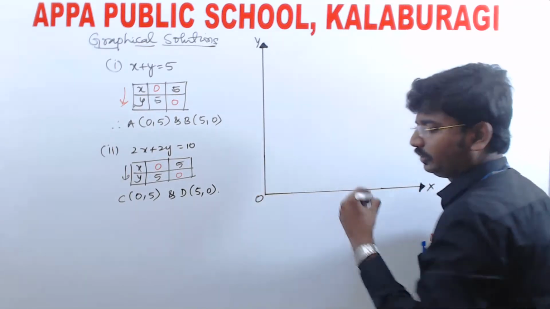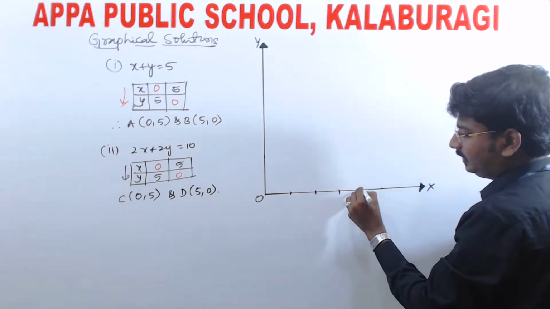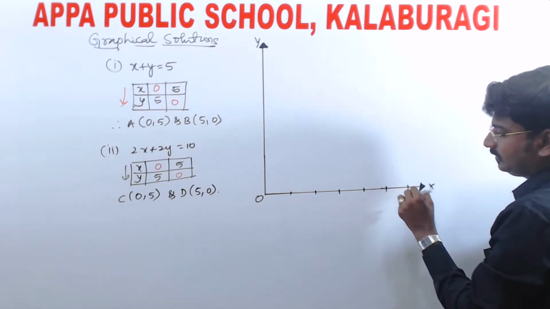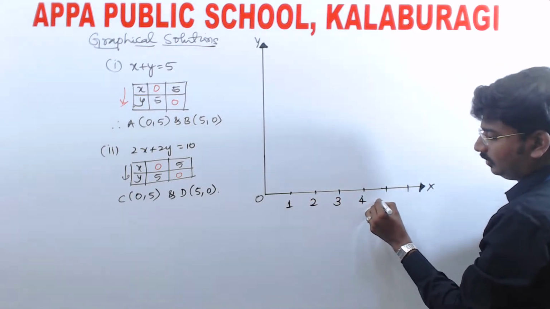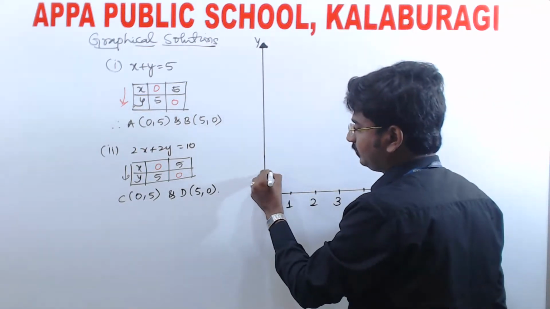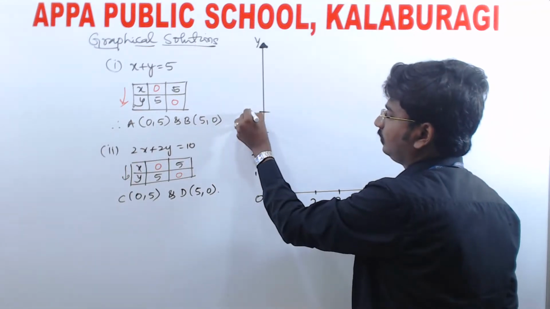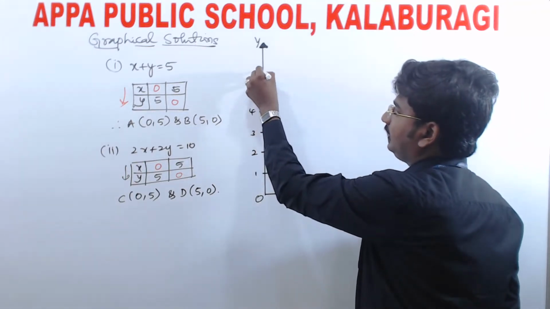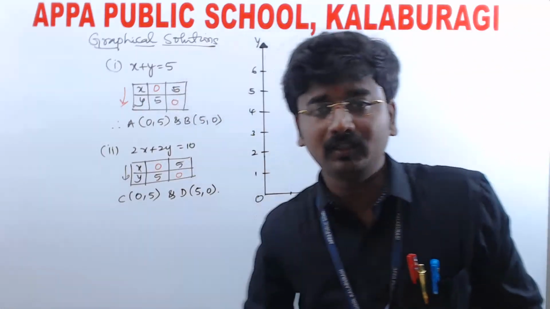This is the origin. 1, 2, 3, 4, 5, 6. 1, 2, 3, 4, 5, 6. Same with the y-axis. 1, 2, 3, 4, 5, 6. Okay. Now we have to mark the points.